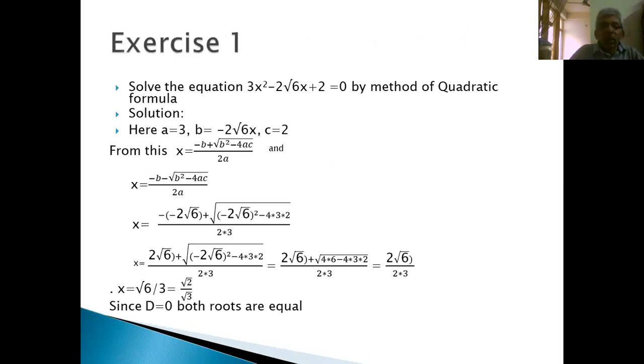Now this is exercise 1. The same exercise I had taken in earlier examples where I had done either factorization or completing the squares. The same exercise I have taken here also.